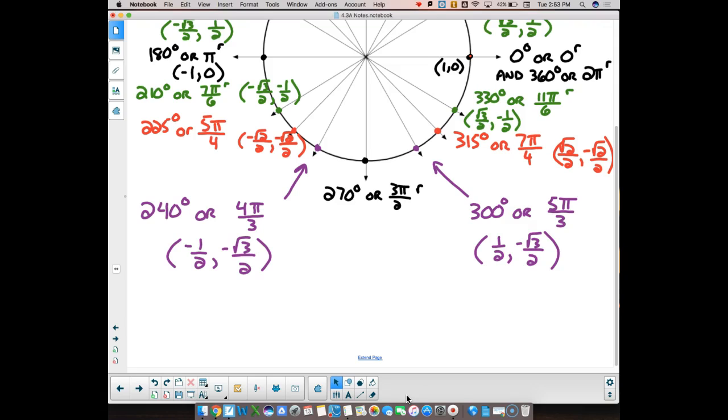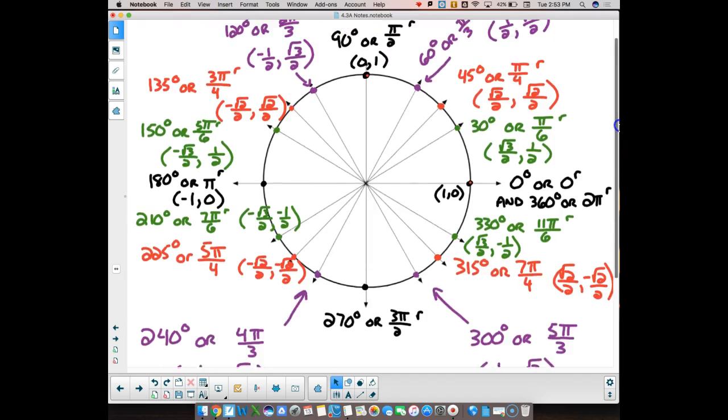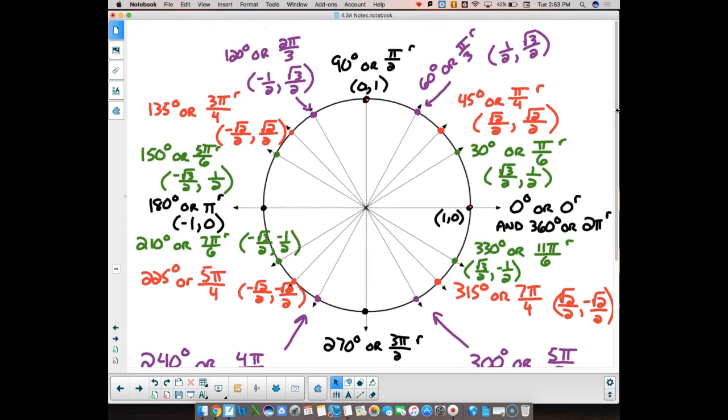Now, before you freak out even more, let's talk about how you go about memorizing the unit circle. How many points do you have to memorize on the unit circle?